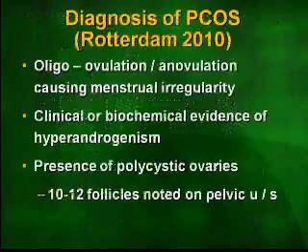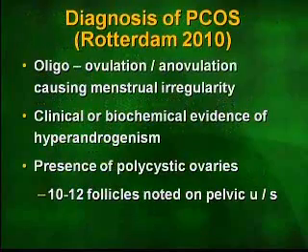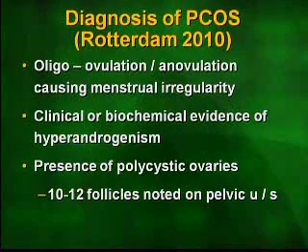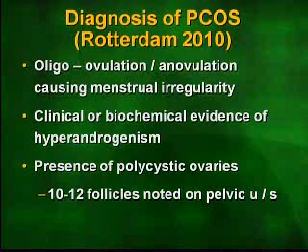Just to review the Rotterdam group diagnosis, they said that their diagnosis is if a woman has oligo-ovulation or anovulation causing menstrual irregularity, clinical or chemical evidence of hyperandrogenism, or the presence of polycystic ovaries, the likelihood of PCOS does exist.